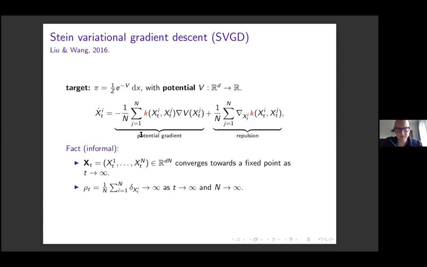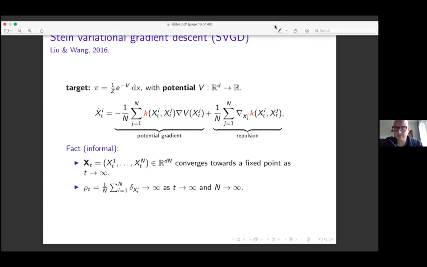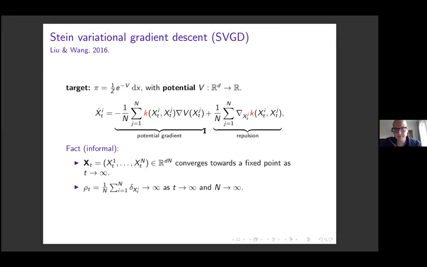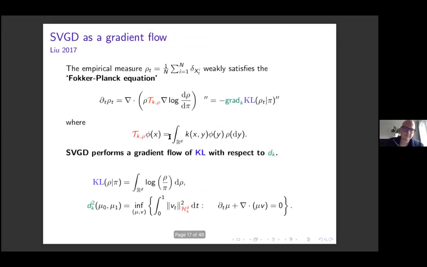Okay, so the next question is maybe how this was constructed, or how we could think of this. This was described nicely in a paper by Liu 2017. It was, of course, also in the background of the original paper, and we did some follow-up work on this as well.